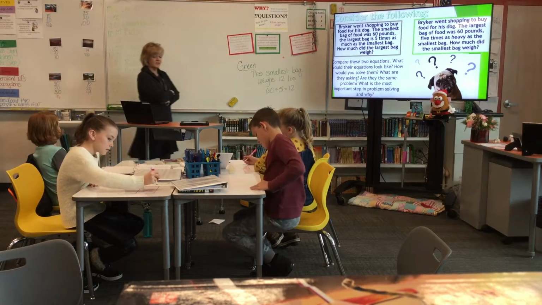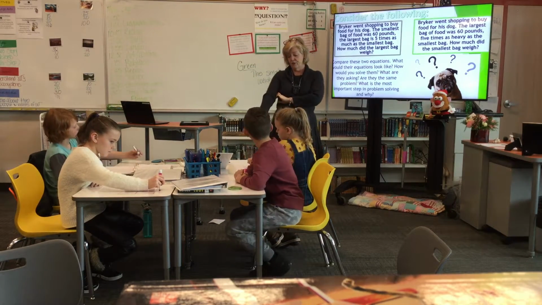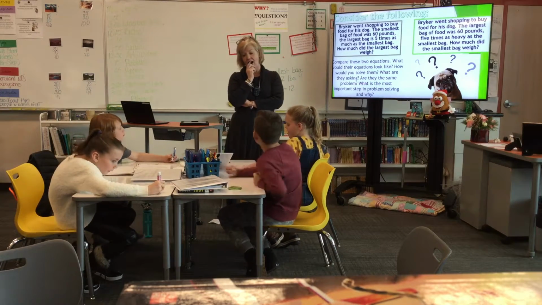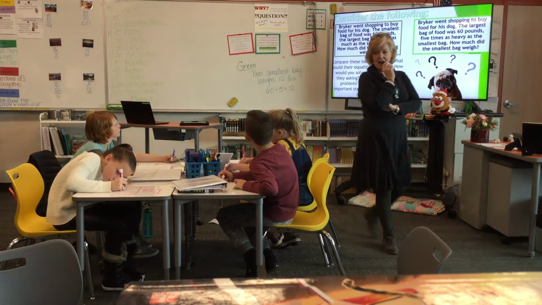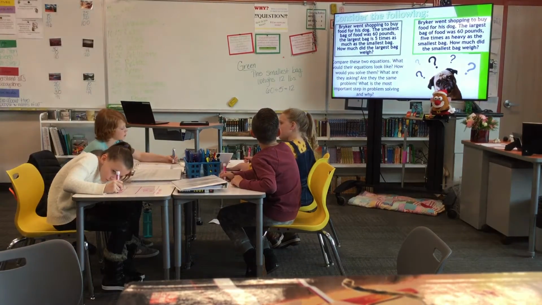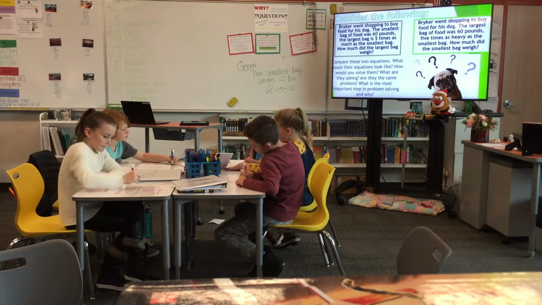Write it in an answer statement, Tyson. Okay, you're doing the green one. You're saying that 60 times 5 is 12, and 5 divided by 60 is 12?